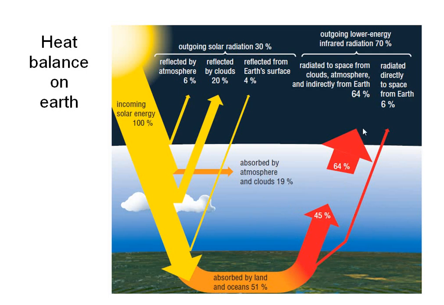So the energy radiates out into the space. This is 50%, right? And this is about 20%. So the sum is about 70%, right? So this 70% of the heat slowly, okay, radiates out of the earth, okay, into space.